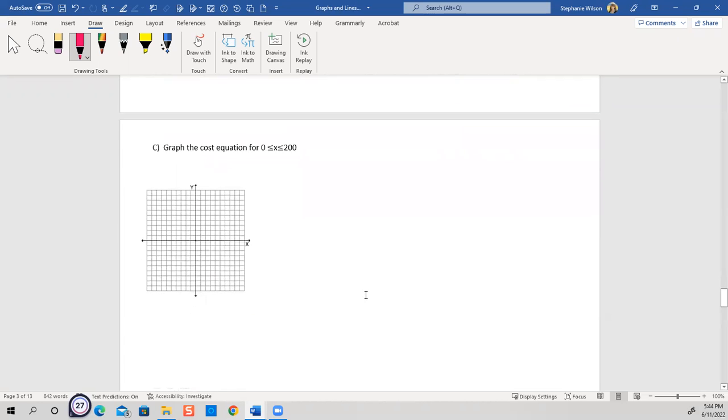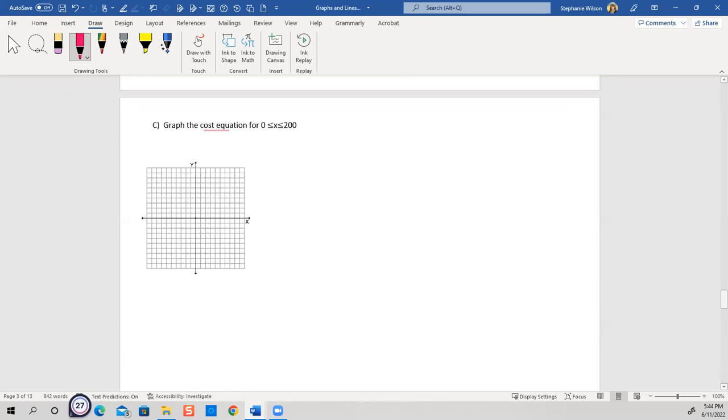C says, let's graph it. This is not a really great graph to draw on, because it's going to be bigger. We can say each unit represents a particular value. You can say it goes by 20s, but it needs to be bigger.